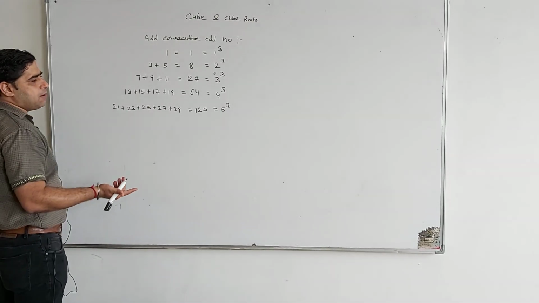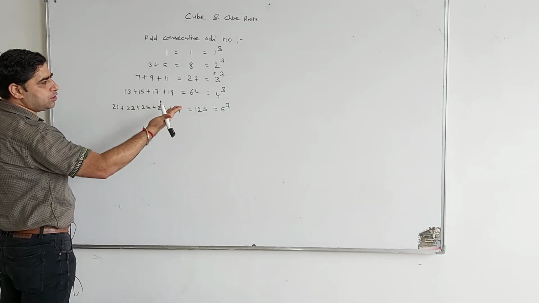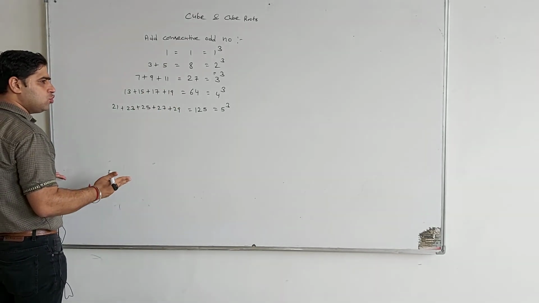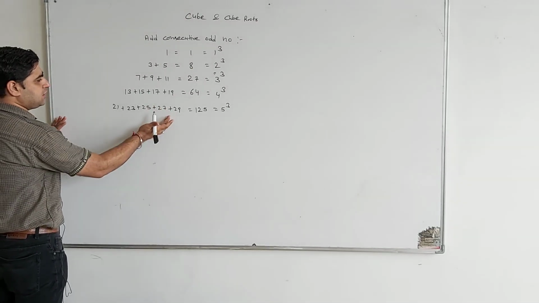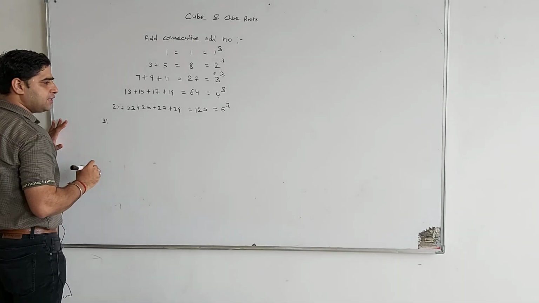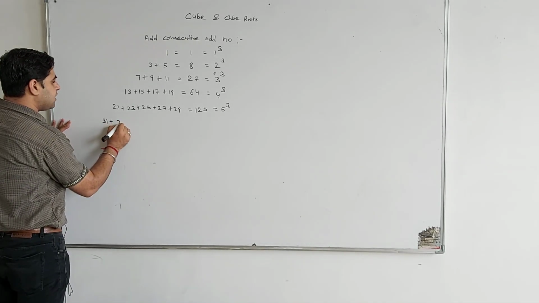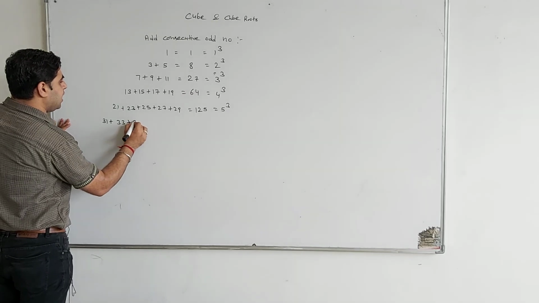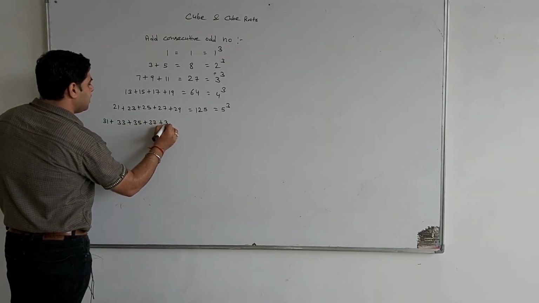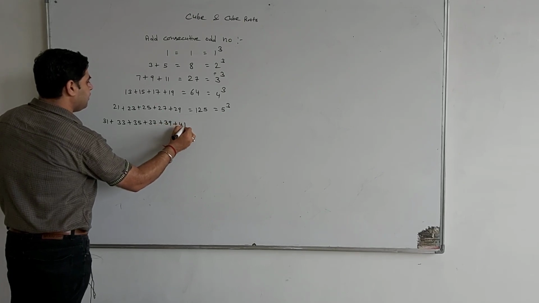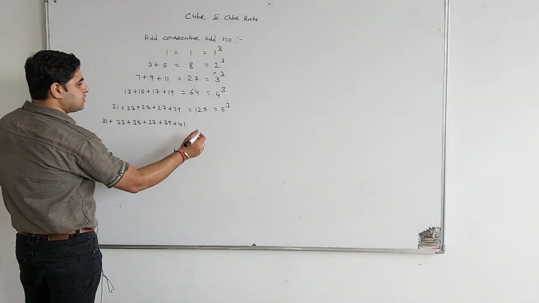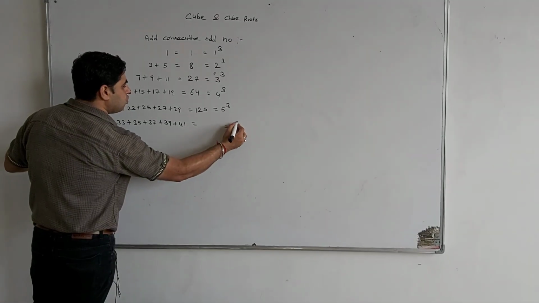So it will come out 1 cube, 2 cube, 3 cube, 4 cube, 5 cube, 6 cube. You can make it for 6 cube or 7 cube. For 6 cube, after 29 we write 31 plus 33 plus 35 plus 37 plus 39 plus 41. 1, 2, 3, 4, 5, 6. So 6 terms form 6 cube.